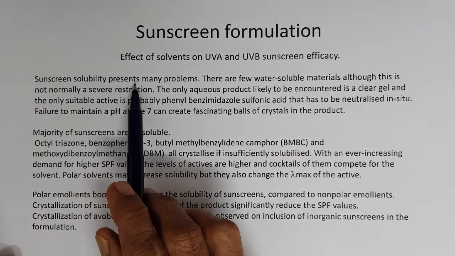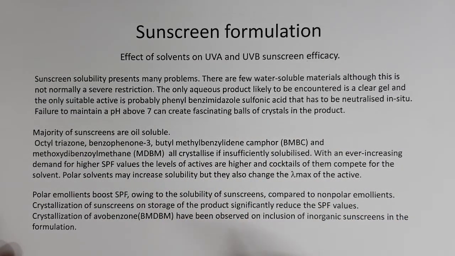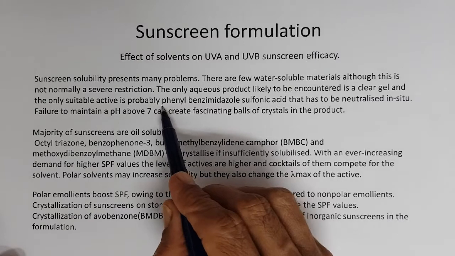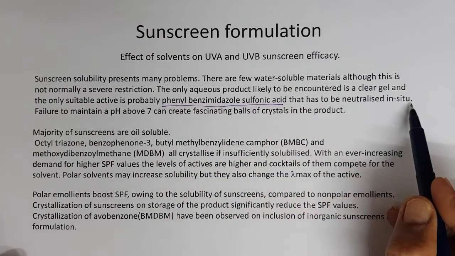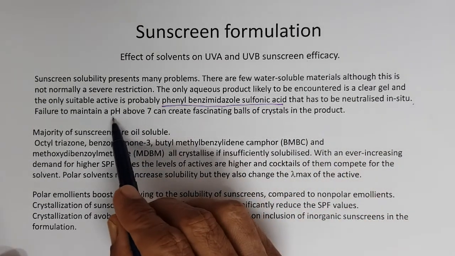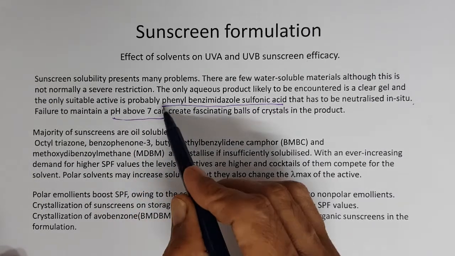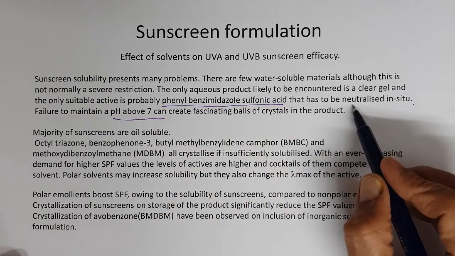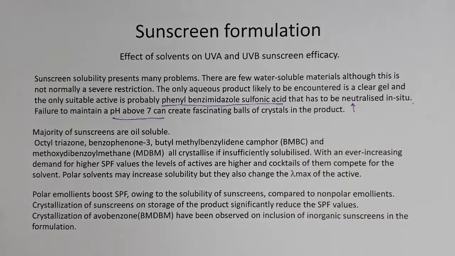Sunscreen solubility presents many problems. There is only one water soluble sunscreen, phenyl benzimidazole sulfonic acid, that when neutralized is water soluble, okay? It's stable at pH 7 and above, it's soluble, but when the pH of the product reduces, it can crystallize.